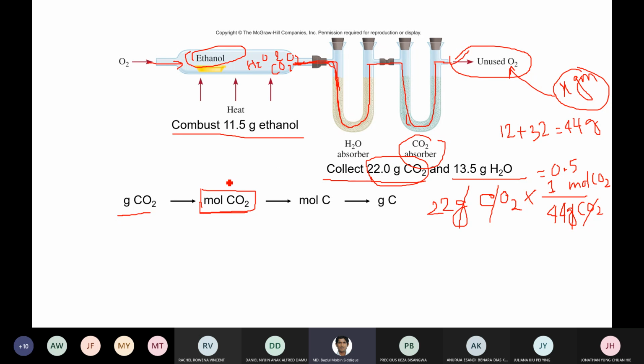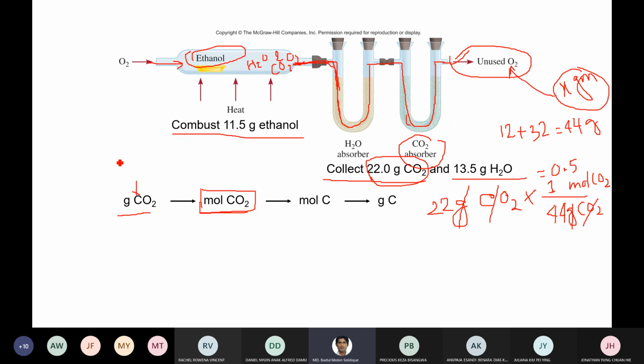Another thing is, in 1 mole of carbon dioxide, how many moles of carbon are there? Can anybody tell me? It is 1 mole of carbon, isn't it?